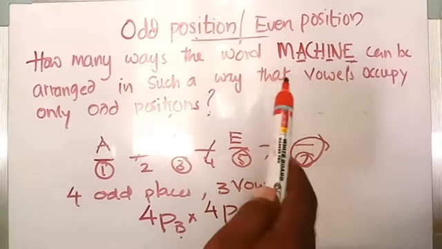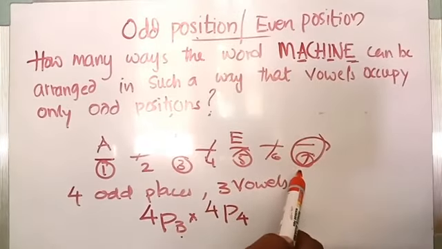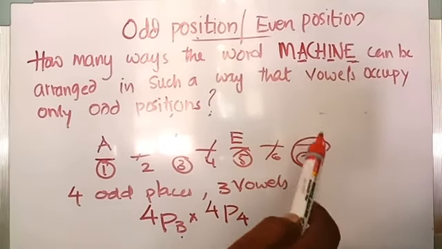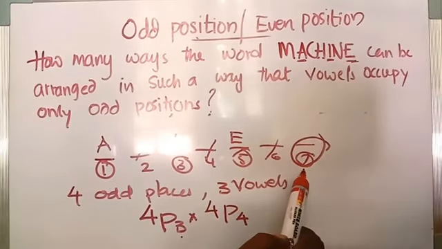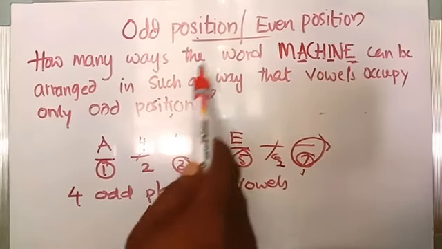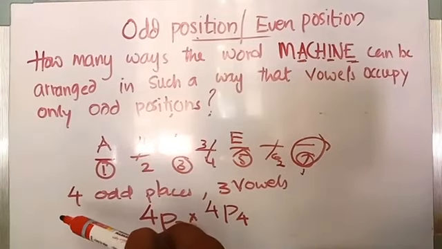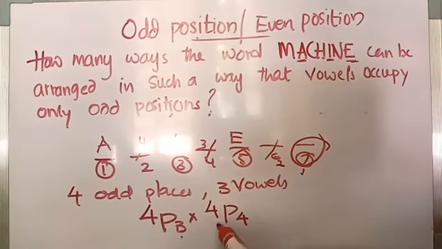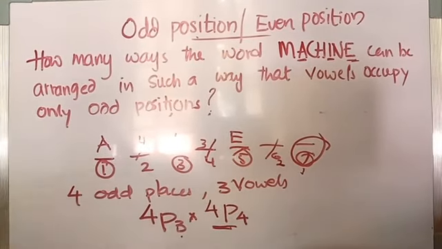That means anything in the sense that here we have only consonants. So in the 4th odd place a consonant can be arranged, so we get 1, 2, 3, 4 places and there are 4 consonants. So that can be arranged in 4 factorial ways. Remember, if you find any repeating letters, as they are identical, it should be divided by that number factorial.